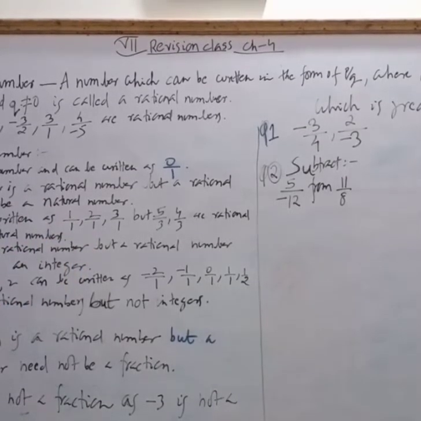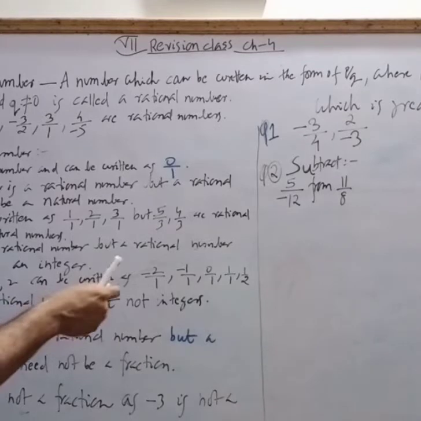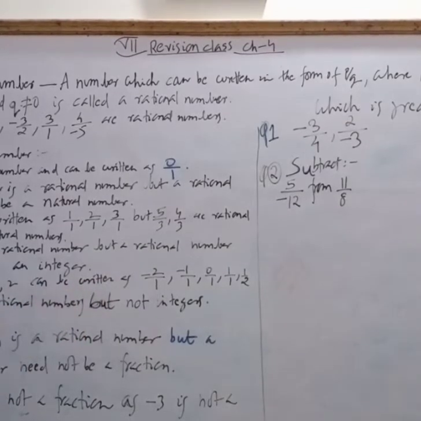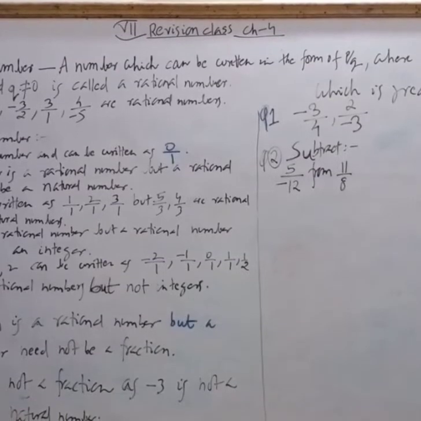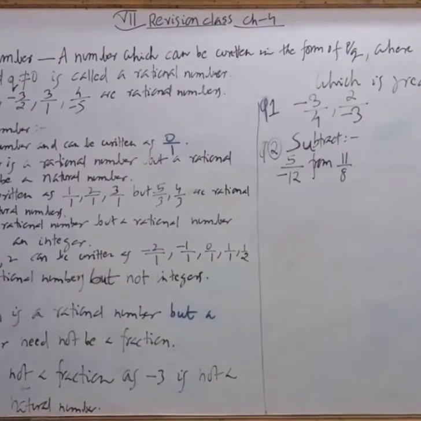Now moving on to the third point, every integer is a rational number, but a rational number need not be an integer. To understand this point, we have taken the example minus 2, minus 1, 0, 1, 2.